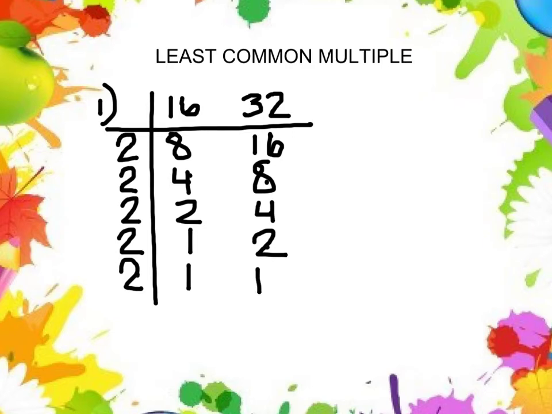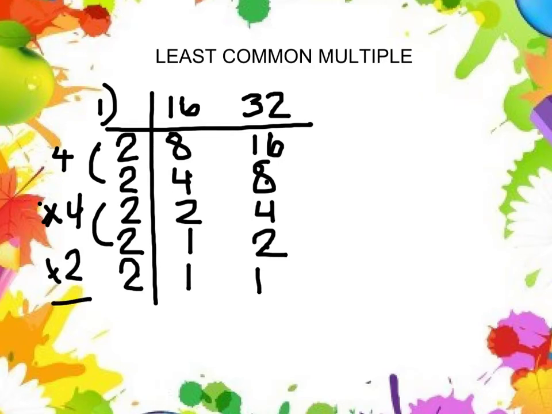Now that we have these prime numbers, we are going to multiply all of these numbers. We have 2 times 2, 4. 2 times 2, 4. 4 times 4, 16.